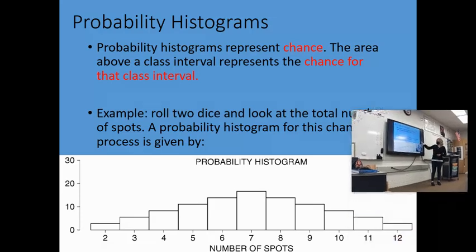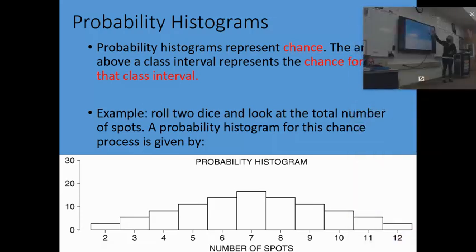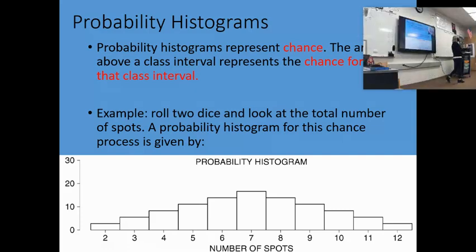So for example, we have this probability histogram when you roll 2 dice and you add what you roll. You add the 2 spots on the die. This would be a probability histogram because what's the most common thing to roll? A sum of 7. That's the most likely thing to happen.